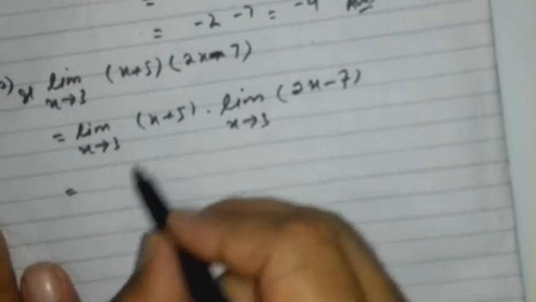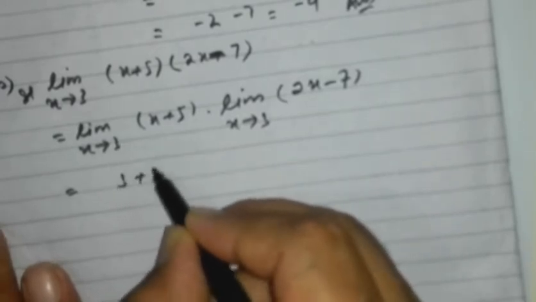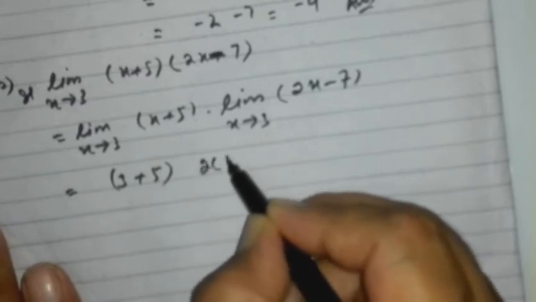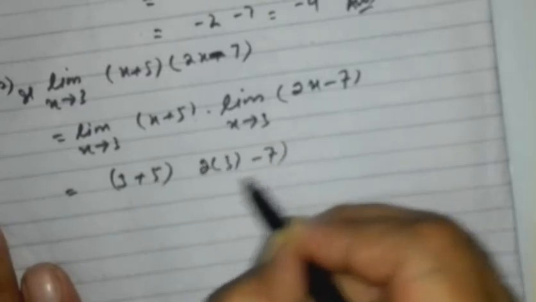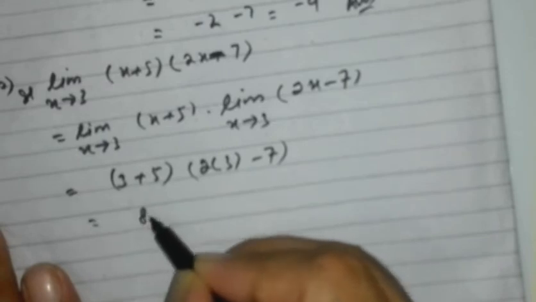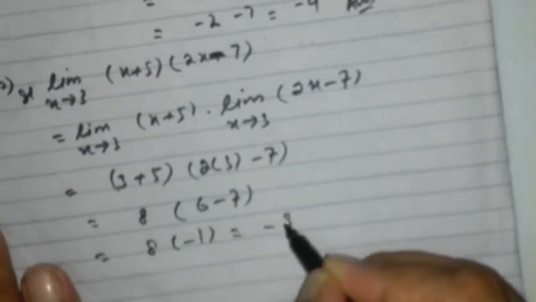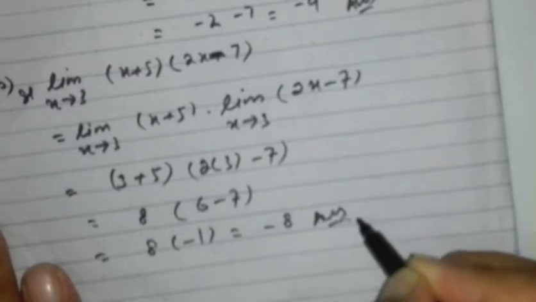Now put the limit value, x value 3 plus 5 into 2 into 3 minus 7. 3 plus 5, 8, and here 6 minus 7. 8 into minus 1, which is equal to minus 8, is the answer.